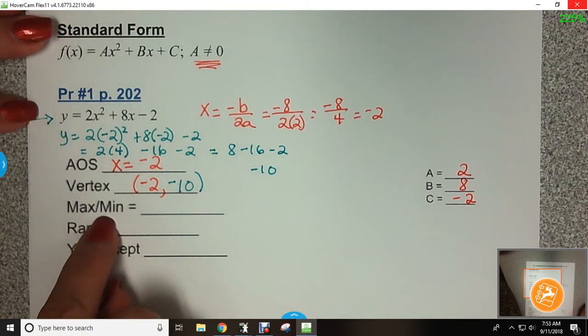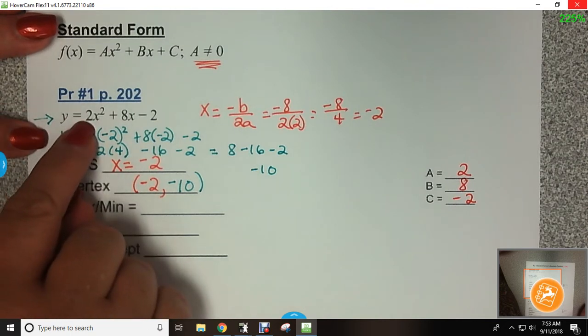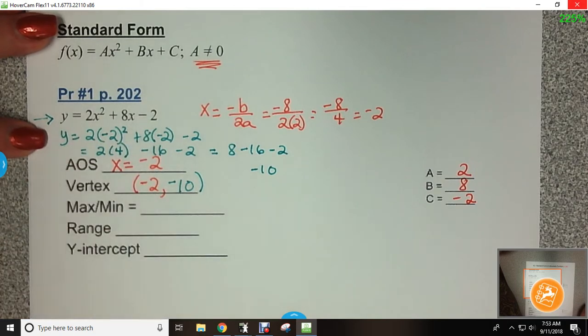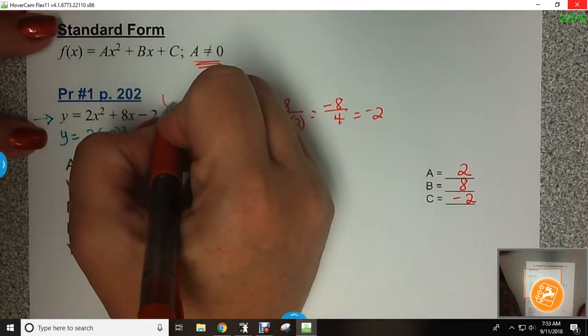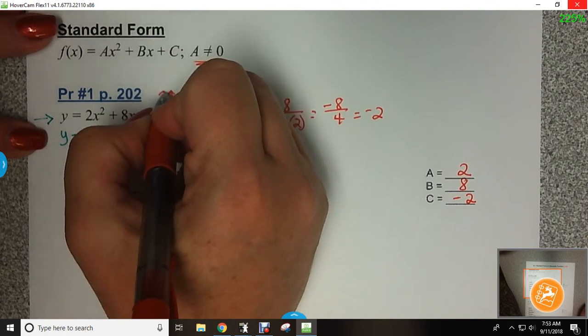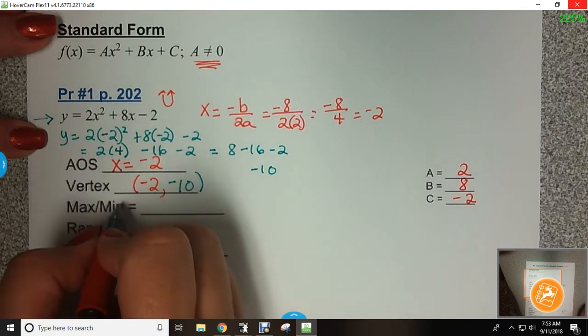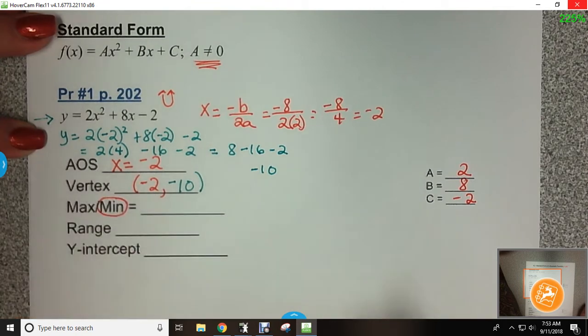I've got to figure out, does this have a maximum or a minimum? Well, that's where we still look at the a value. Because the a value is positive, I know that this is a parabola that's going to open up. Because it opens up, it has a minimum.